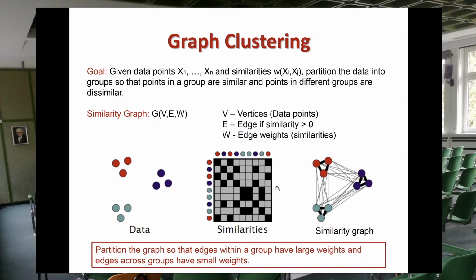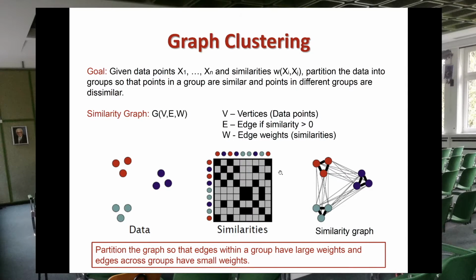Given this similarity metric, you can also construct the similarity graph. In the similarity graph, all the points that belong to the same group will have connections or edges with higher values, and the connections between nodes or vertices that belong to different groups will have smaller weight values.